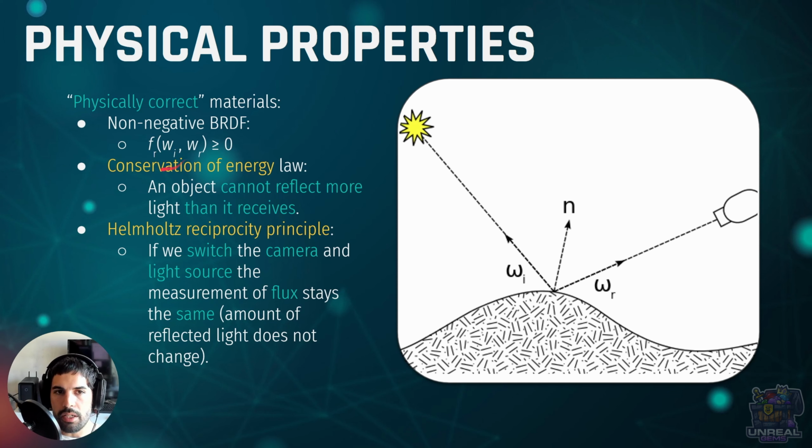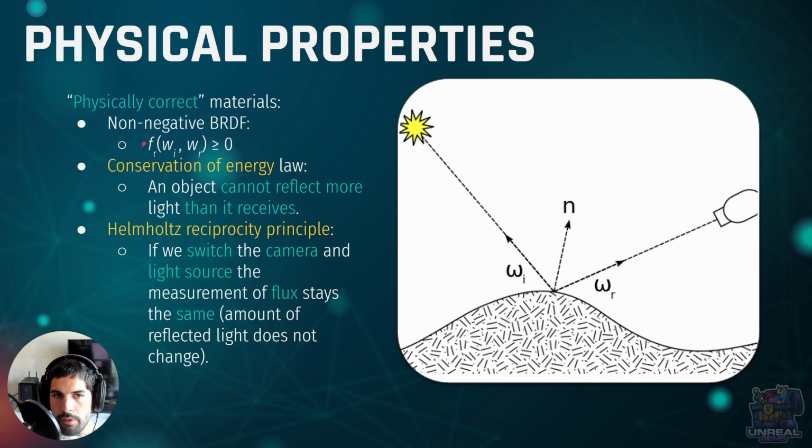And let's start first with the non-negative BRDF. So what does this mean? Okay, so a BRDF is a function that gives us the amount of light that is reflected on a surface. So in this case, light comes from the light source, it bounces on the surface, and it arrives at the camera.